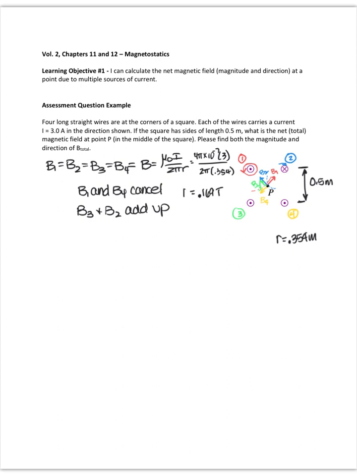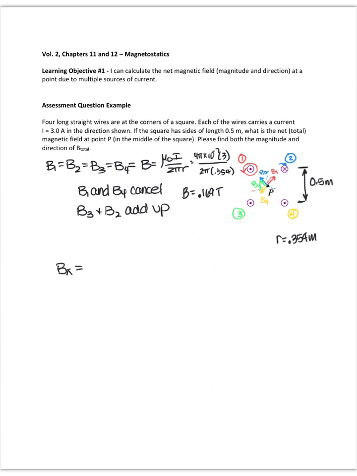So that's B. In order to find the total x component, what I need to do is find the x component of each one of these individual vectors. Because it's a square, which I did on purpose, it makes it really easy. The angle that they are tilted at is always going to be 45 degrees relative to the x or the y-axis.